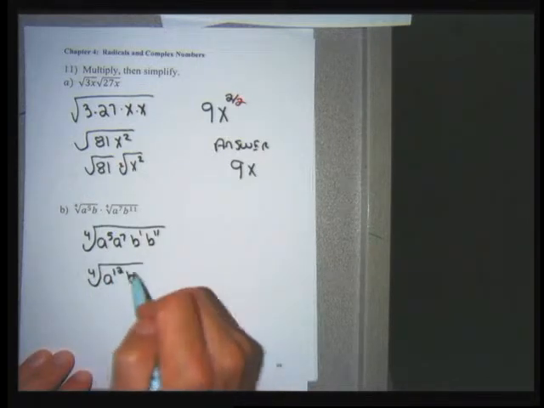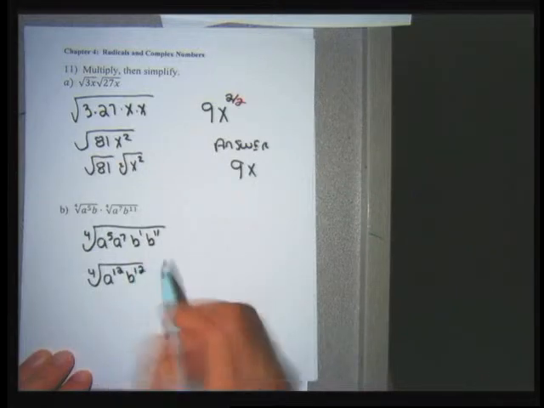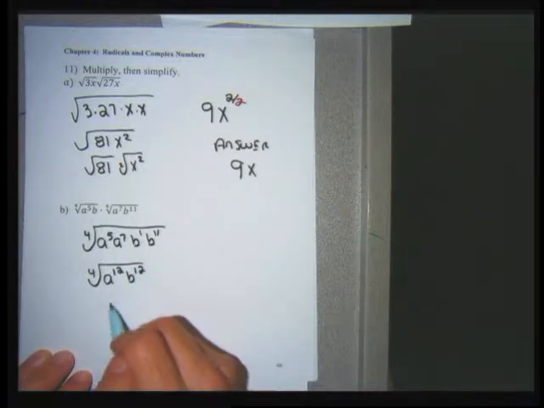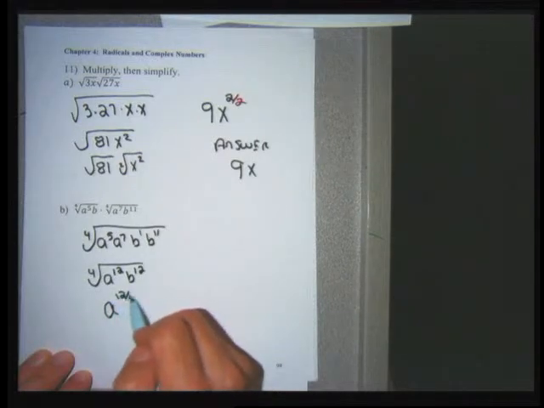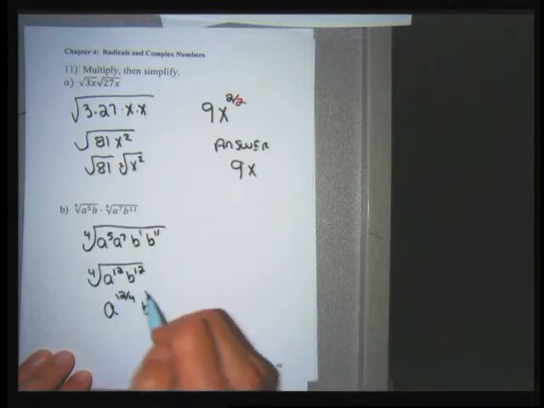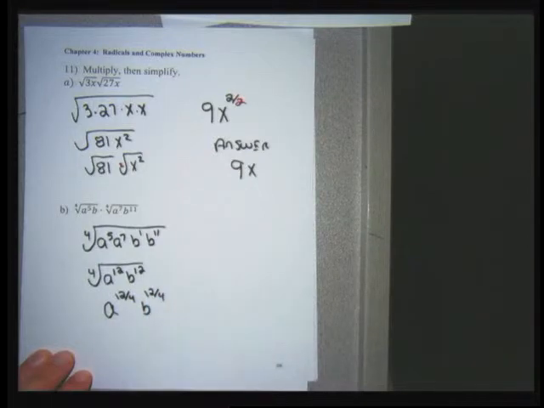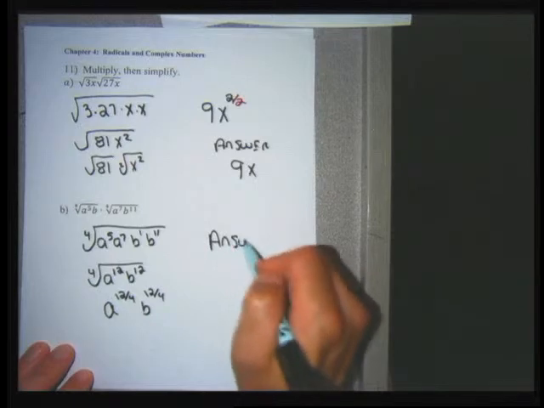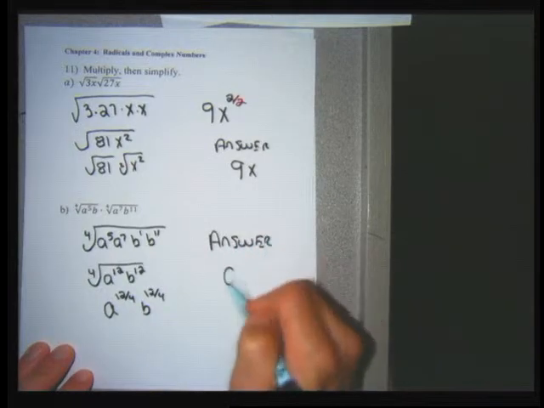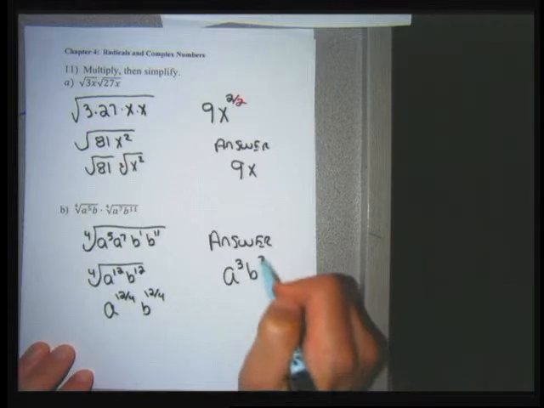When I simplify the b's, I get b to the 12th. Now I'm going to drop the radical, and in order to drop a radical, everything under the radical needs to have its exponent divided by the index. The index is 4, and when I divide, I'm going to get an answer of a cubed and b cubed.